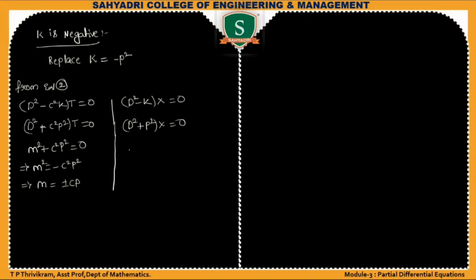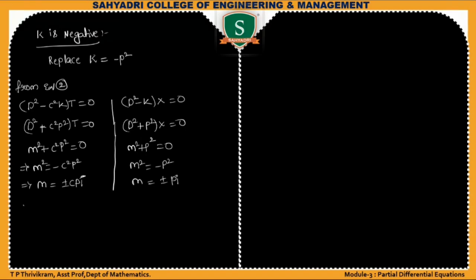Here also m square plus p square equal to 0 implies m square equal to minus p square, so m is equal to plus or minus i p. Both are complex solutions.